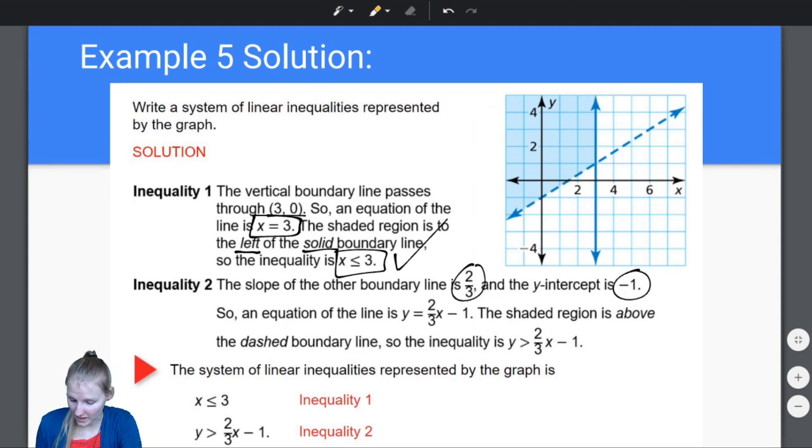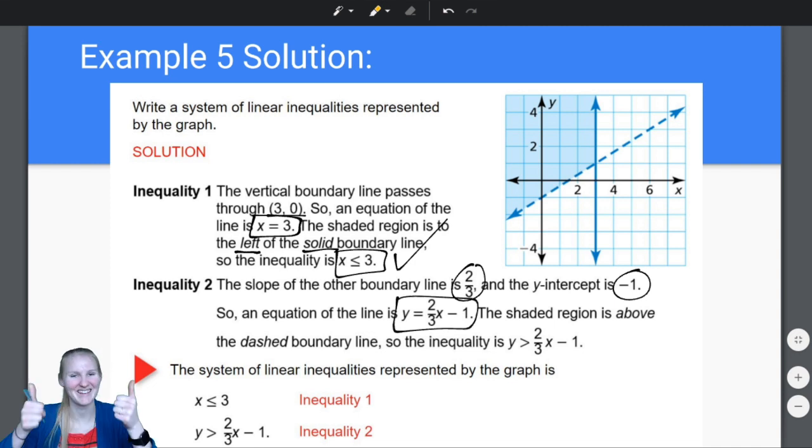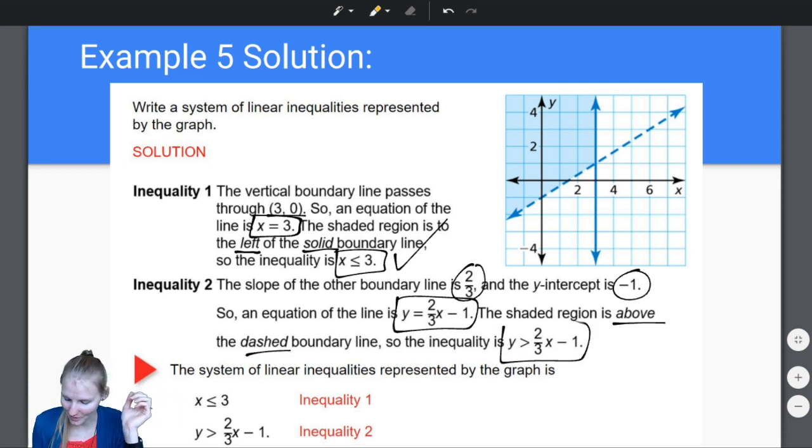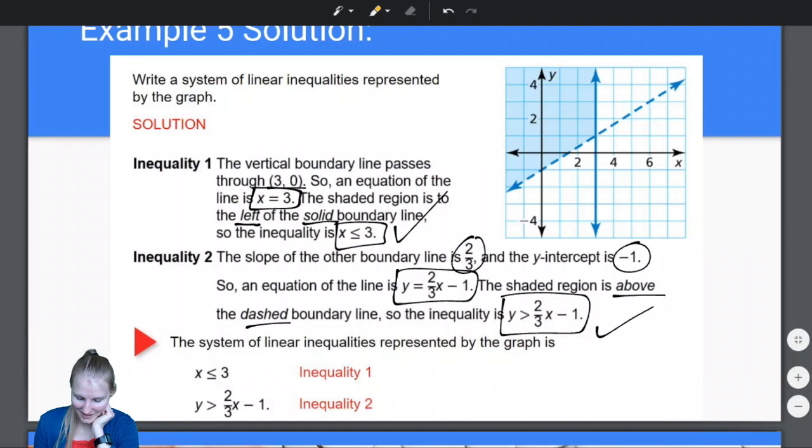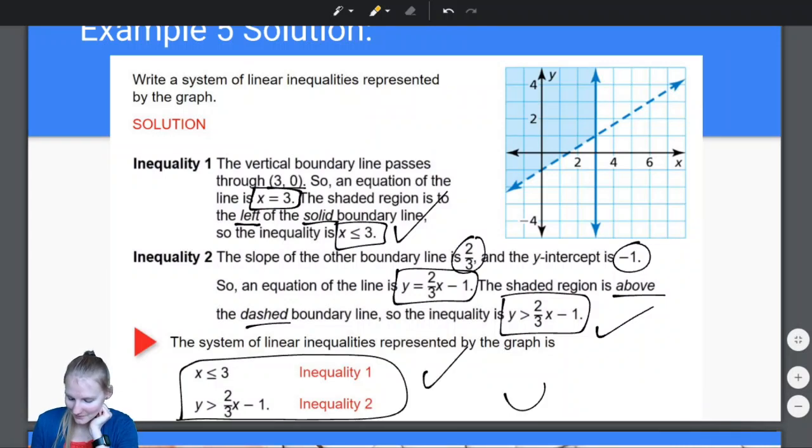The y-intercept is -1, so an equation is 2/3 x minus 1. And the shaded region is above the dashed boundary line, so an inequality is y is greater than 2/3 x minus 1. Yay! And look at that. This is exactly what we had. So we are correct.